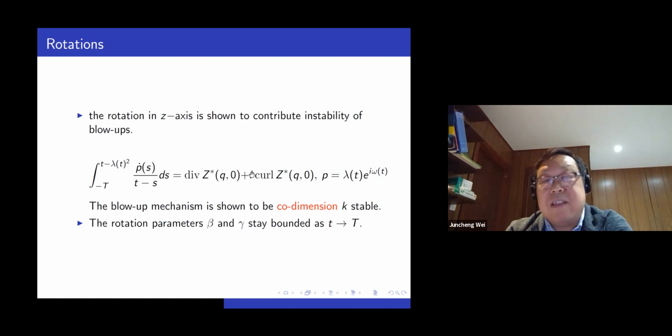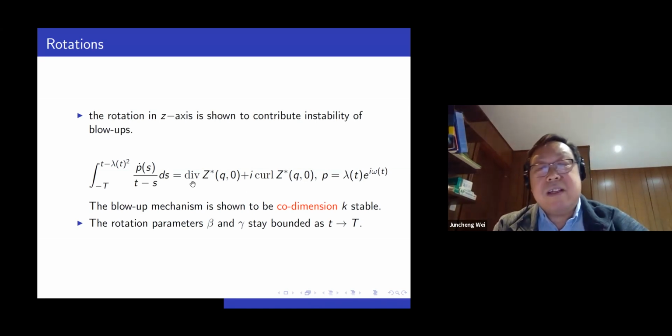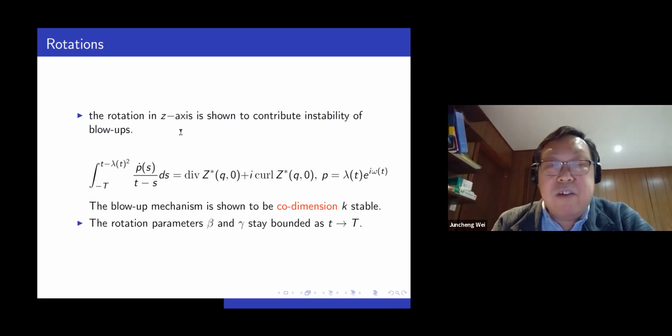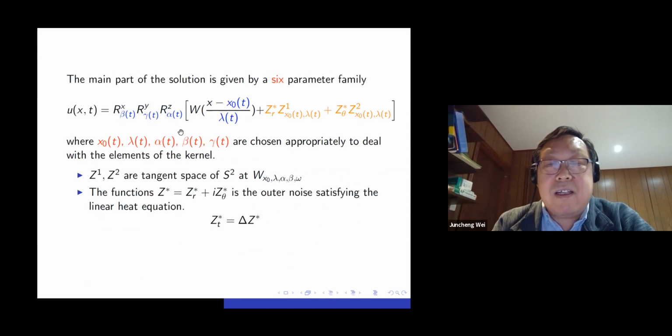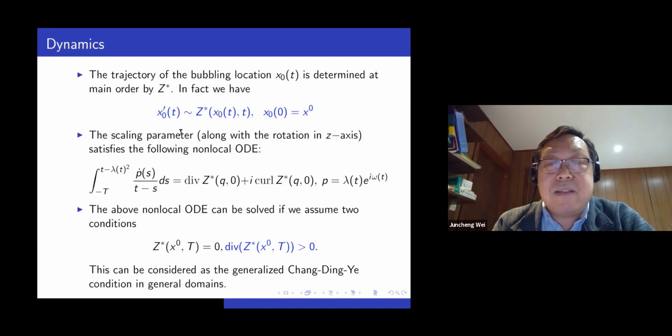The instability of a blob comes from the rotation in the Z direction, while the rotations in the X and Y stay bounded, and there is also an equation for that. So these are the general form of the solution and the dynamics of these 6 parameters.